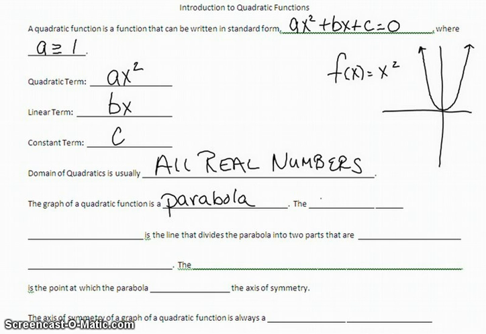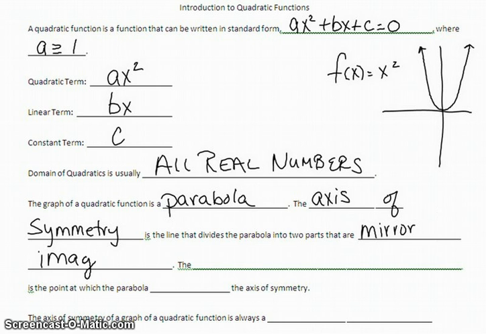Now, the axis of symmetry is a line that divides the parabola into two parts that are mirror images of one another. Let me change ink color here.